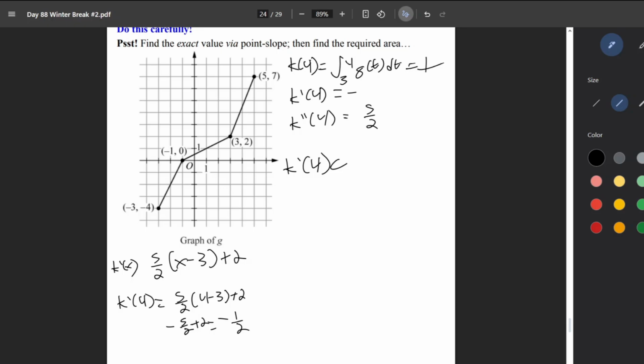I believe this is right. Okay, let's try with 5 over 7 and see what we get. Oh, oops, so this would be 5. Oh, what the heck? So 5, 7.